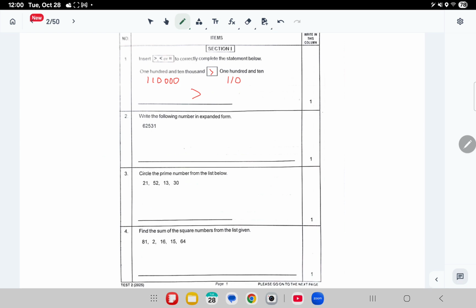Write the following number in expanded form. Alright, we expand the number here. So we have the digits 62531, or use a place value chart: ones, tens, hundreds, thousands, tens of thousands.